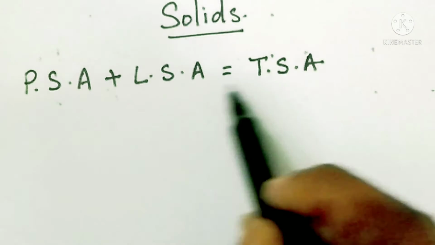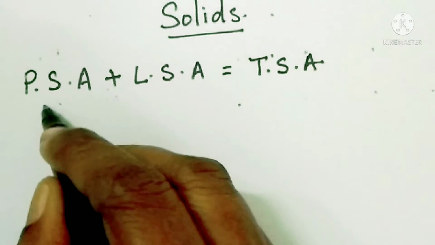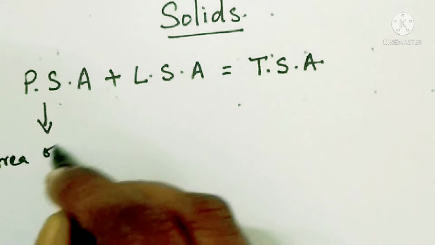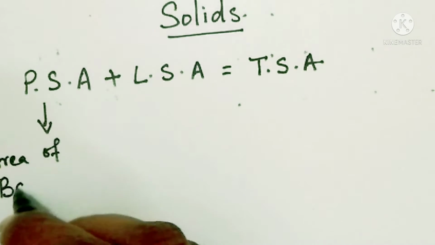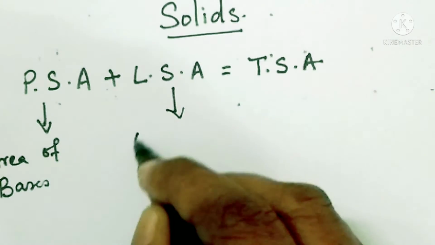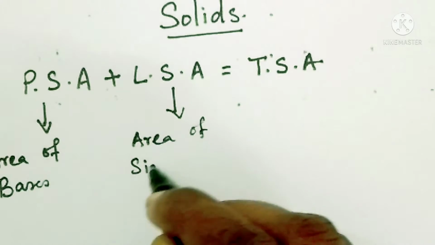When you add these two, we get total surface area. What is the plane surface area? That means area of bases. And lateral surface area means area of side faces.